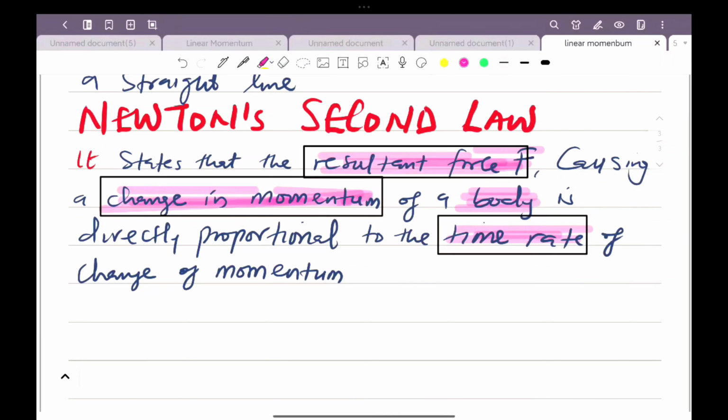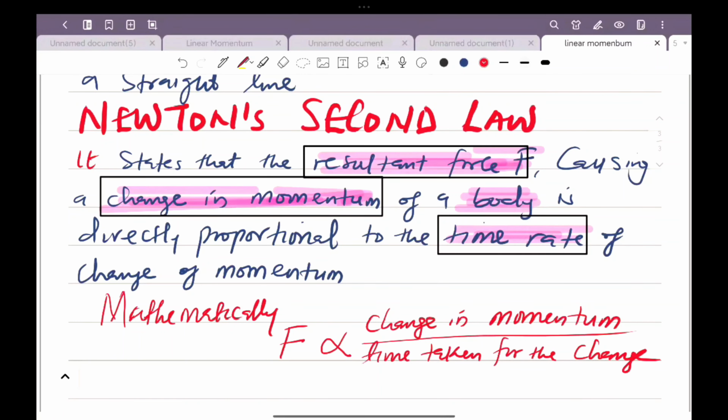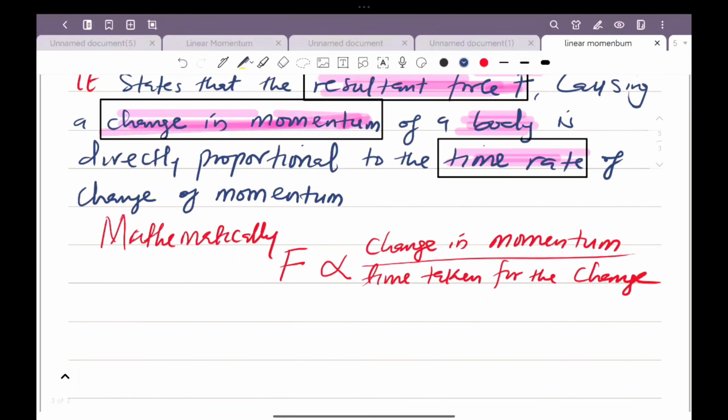Of course, the body is constant, the object of mass. Are we together? Mathematically, force is proportional to change in momentum, all divided by the time taken for the change. Are we together? So let's proceed further.